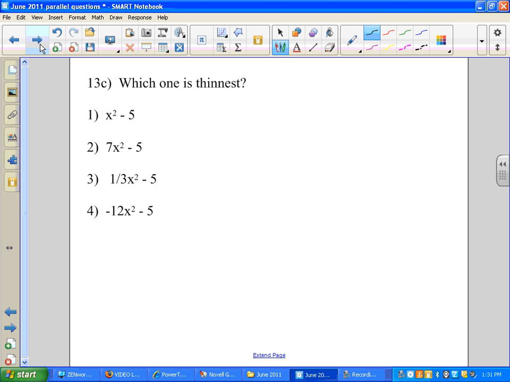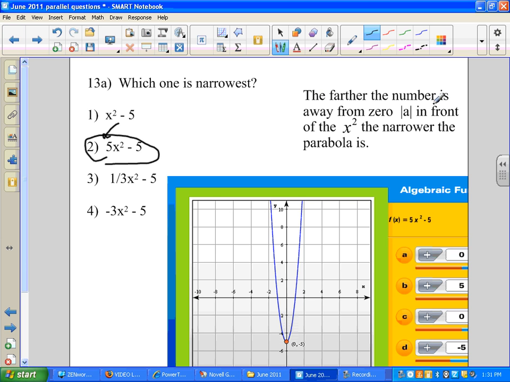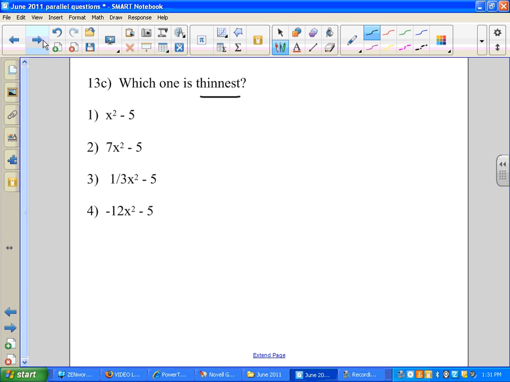Which one is the thinnest? Well, there is no difference between the word thinnest and narrow. We said the farther the number is away from 0, the a in front of the x squared, the narrower the parabola is. What does that mean? That means that if we take the absolute value of this number, we get 1. The absolute value is 7.